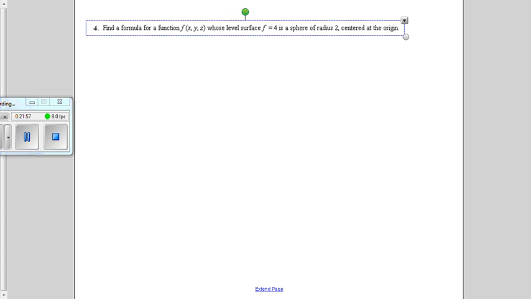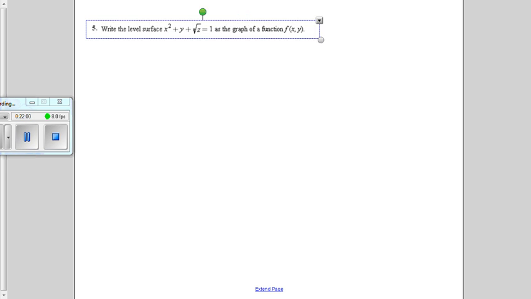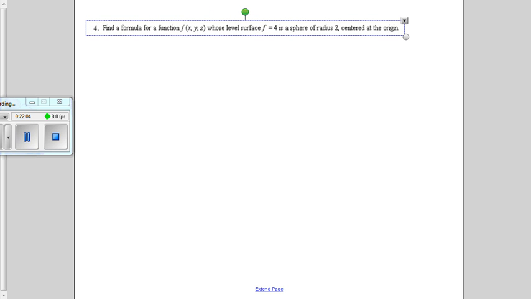All right, some more examples here. Find a formula of the function f of x, y, z whose level surface f equals 4 is a sphere of radius 2, centered at the origin.